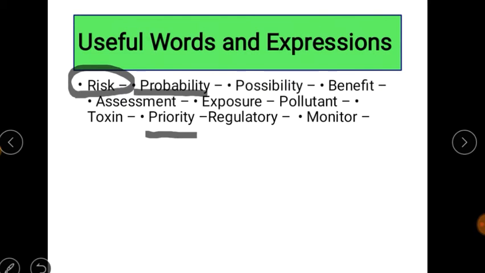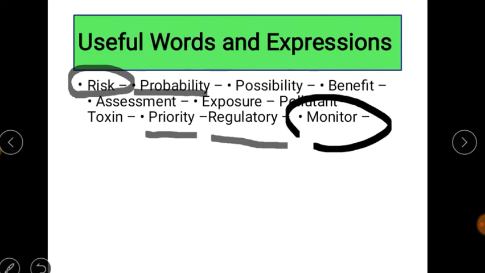Priority. Then regulatory means those authorities who can regulate all this, like the pollution control board. These are all regulatory authorities. Then monitoring is also required, to monitor the pollutants level, or how much pollution is caused by that particular process.